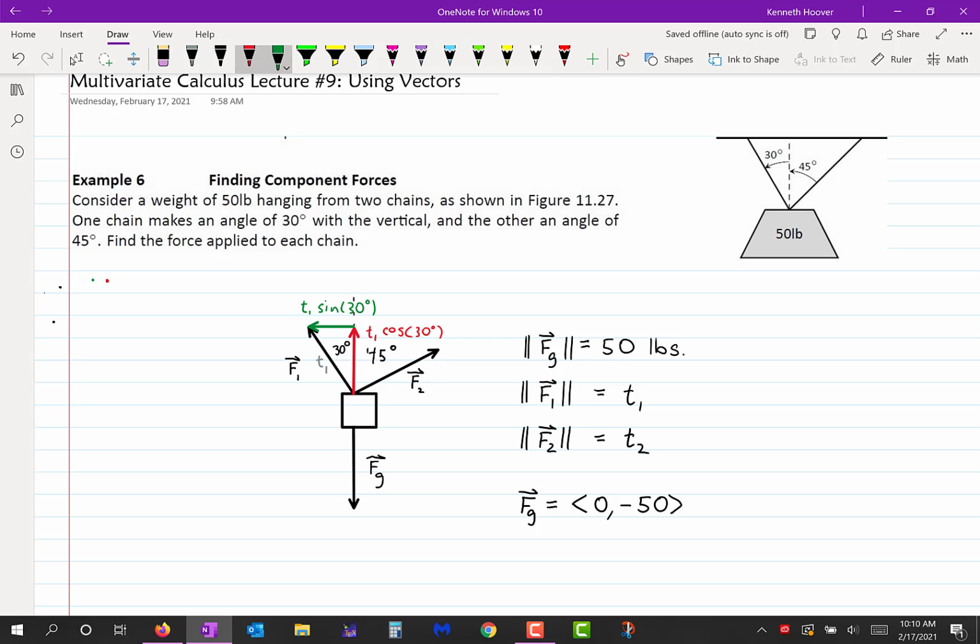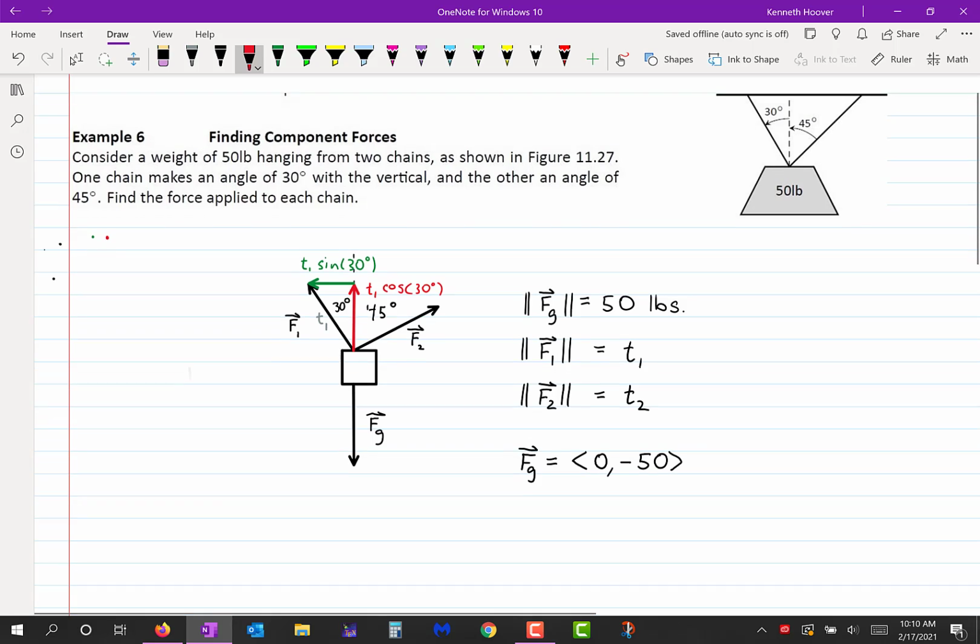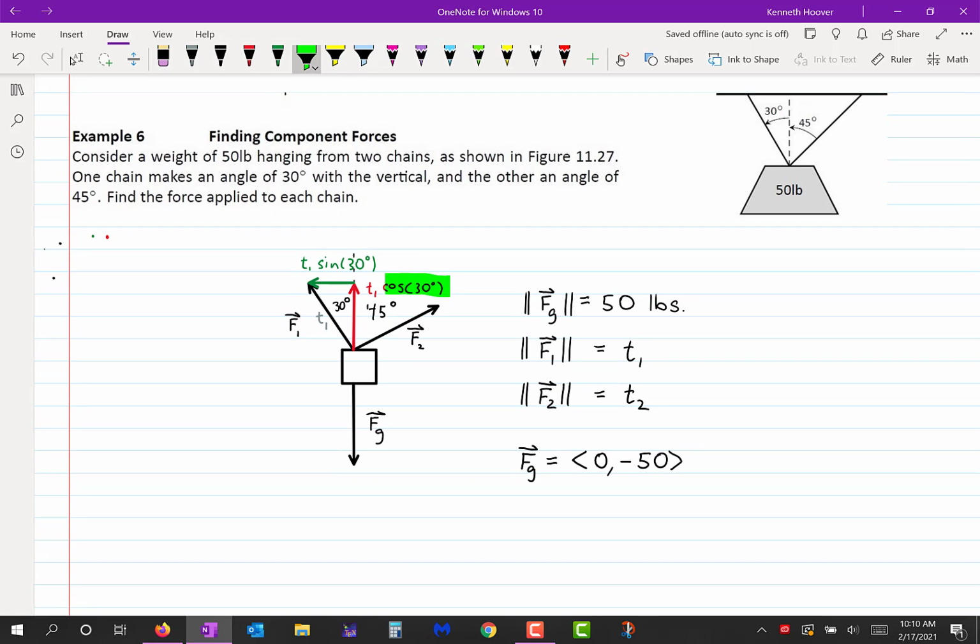So the red vector has this length and it's pointing directly upwards. So the red vector is 0, comma, T1 times cosine of 30 degrees, which I hope you know is root 3 over 2.